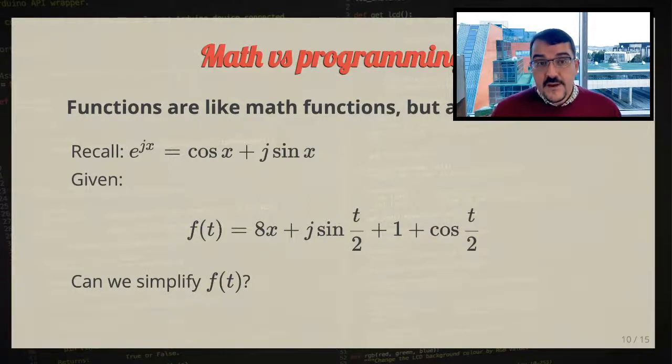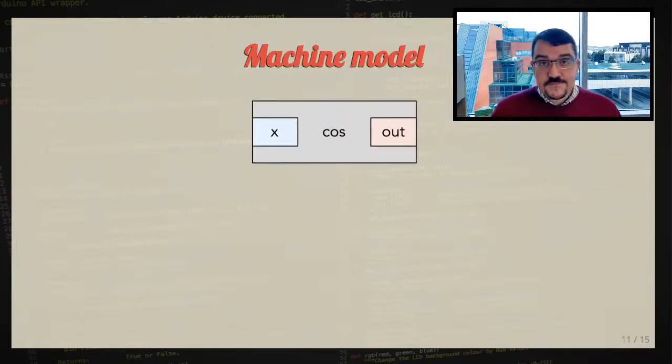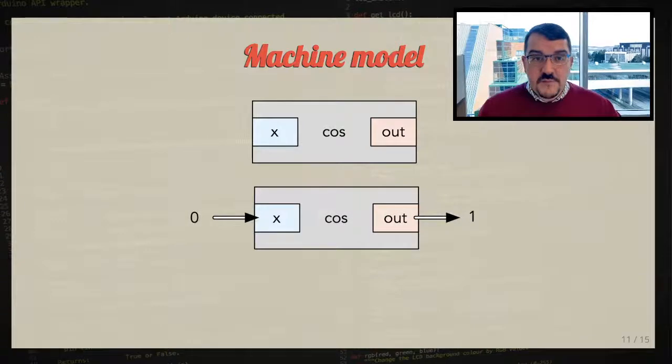In programming, we need to think about functions the way somebody described it in the chat just a minute ago. It's like a machine that you put input into and you get output out of. So we have a machine called cos, and if you put a value of x in, it will tell you what the cosine of x is. So if we put the value of 0 into x, then we will get an output, which is 1.